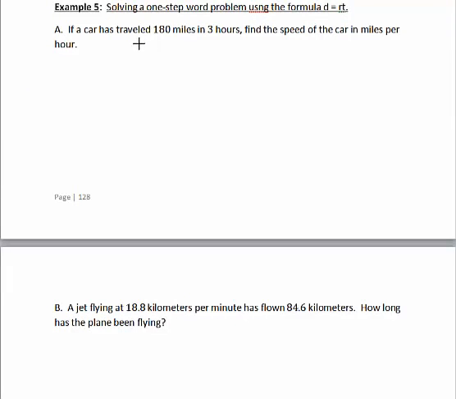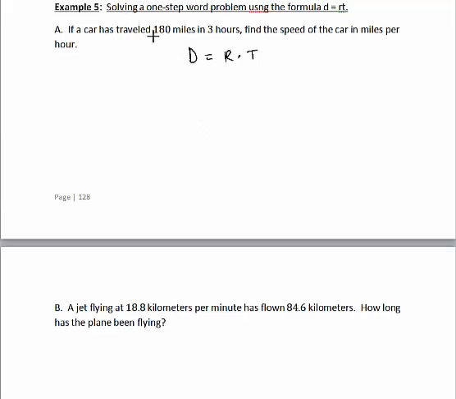Example 5, if a car traveled 180 miles in 3 hours, find the speed of the car in miles per hour. So we have this formula, and as long as we have at least two of the numbers for any two of the variables, then we can calculate the third missing one.